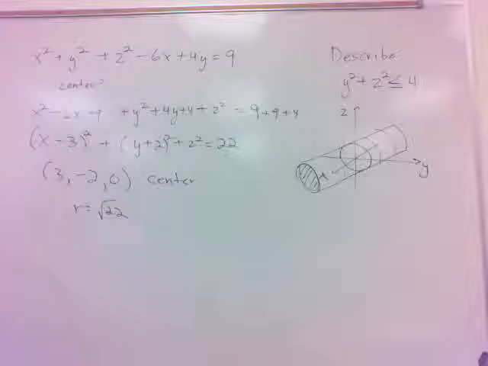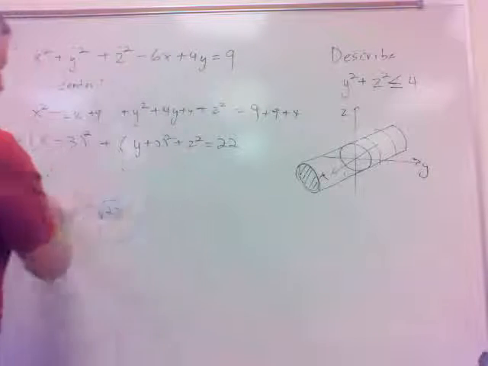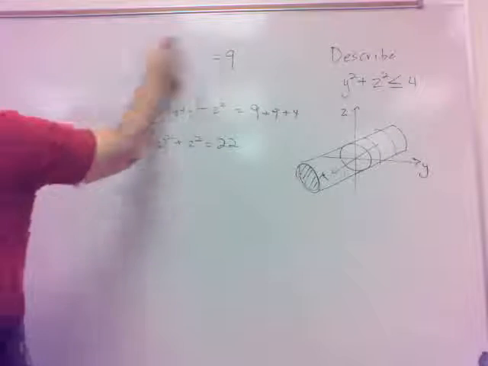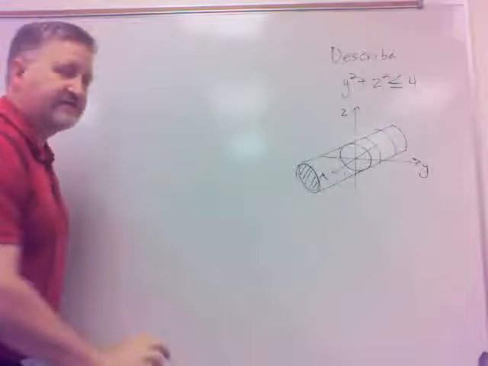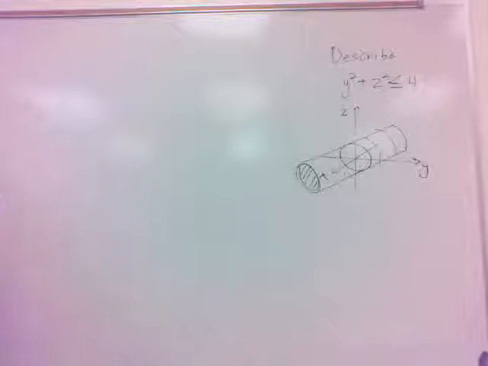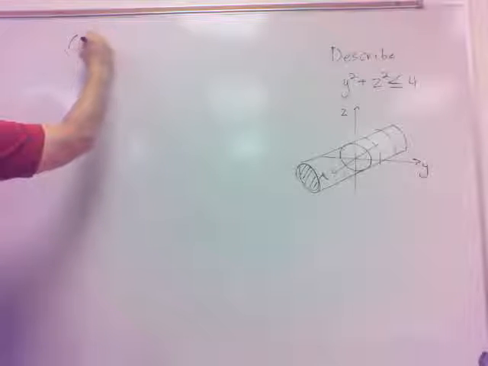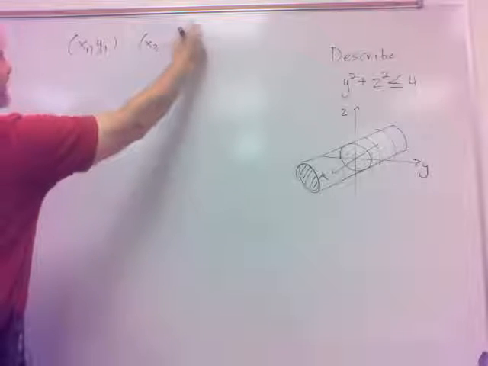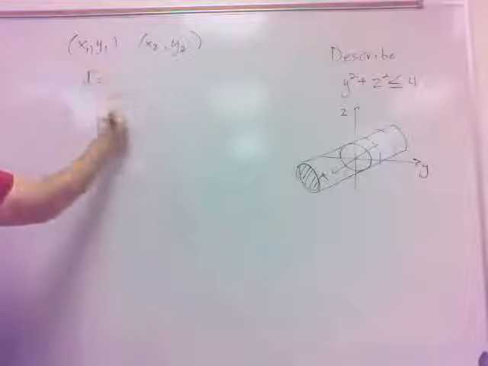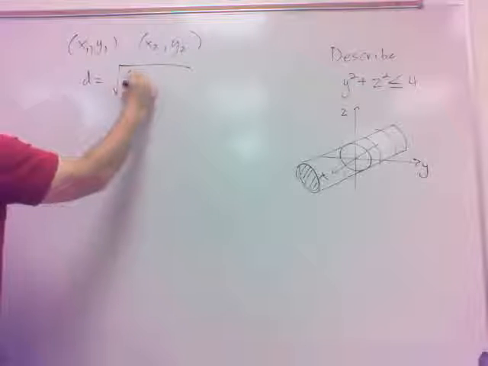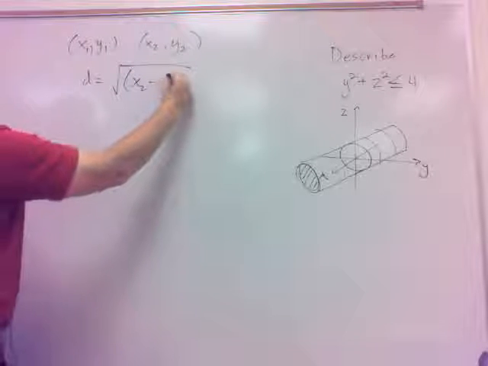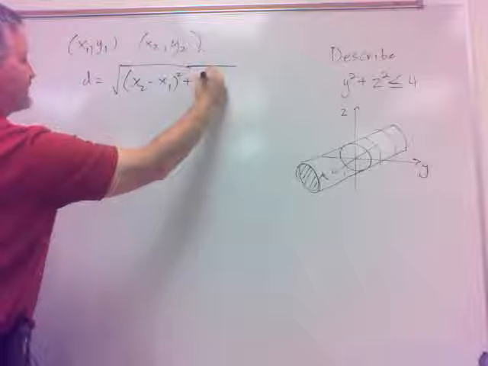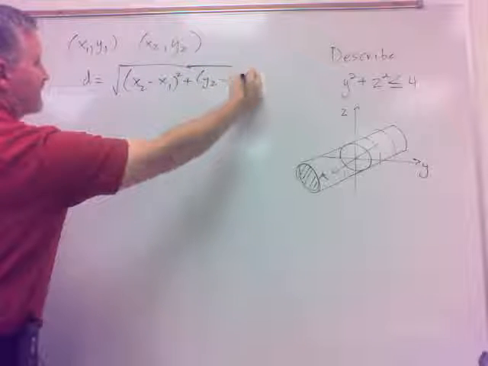One other thing I forgot to mention, and again, it's analogous to the two-dimensional. In 2 dimensions, if we want the distance between 2 points, x1, y1 and x2, y2, the distance between those 2 points is the square root of x2 minus x1 squared plus y2 minus y1 squared.